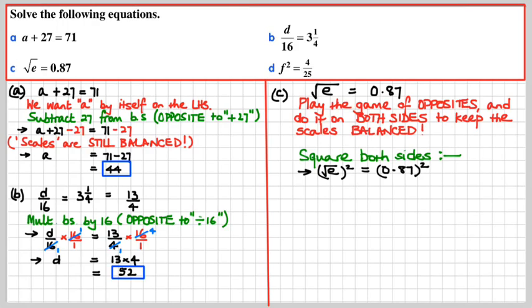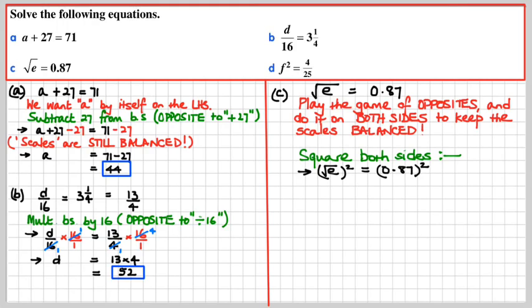Now, do you know what the square root of e squared is equal to? Well, if you're not sure, just think of an example. For example, if e was, let's say, 16. In the example I'm making up, e would be 16, so what's the square root of 16?